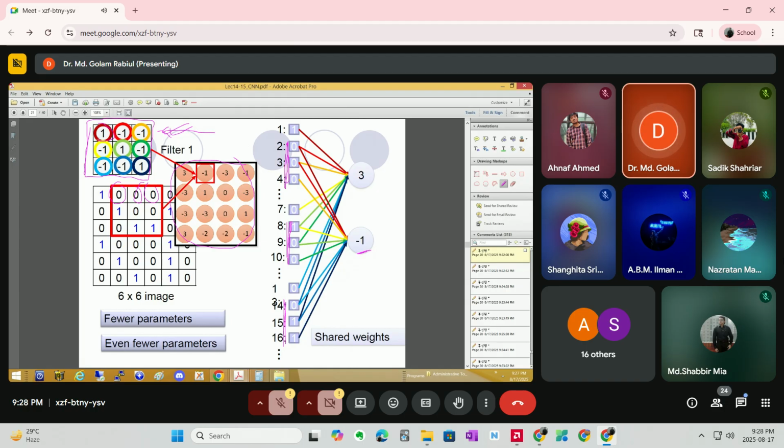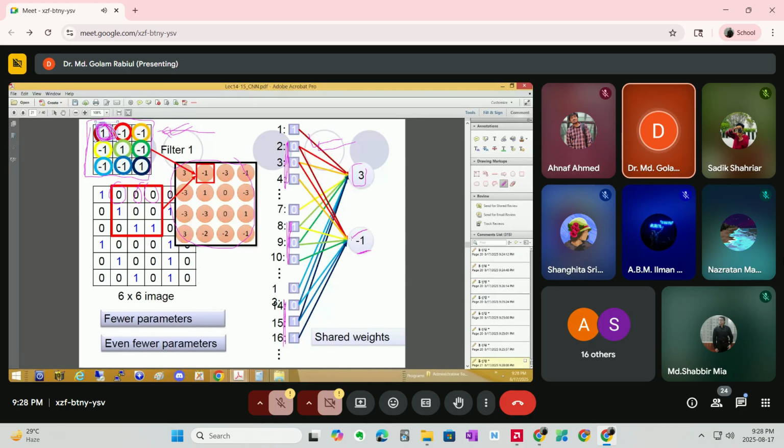So this weight, the one, we have used to generate 3, specifically this one, the red one. And also the same weight, that is 1, we have utilized to generate the -1, the same weight.